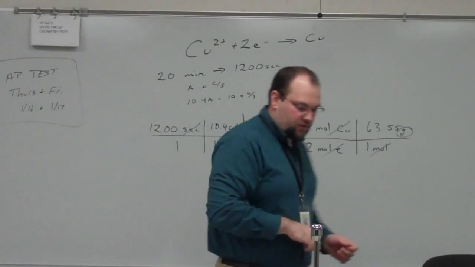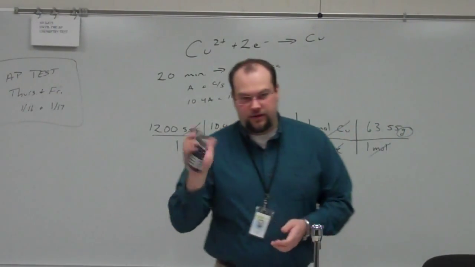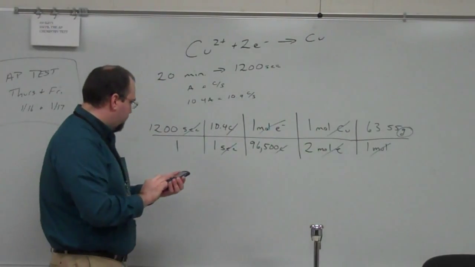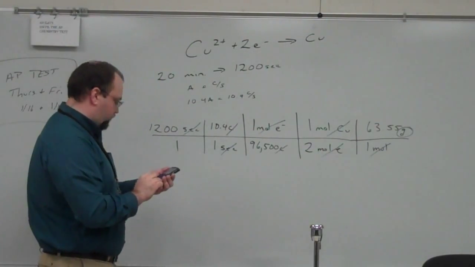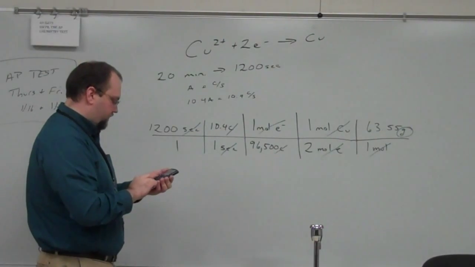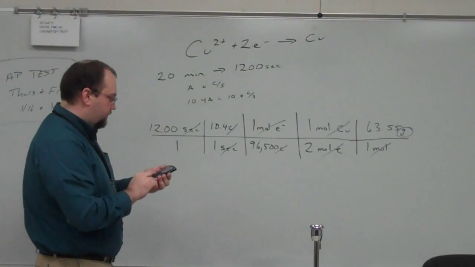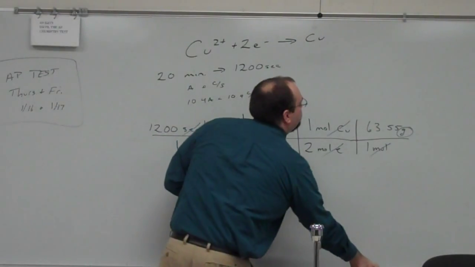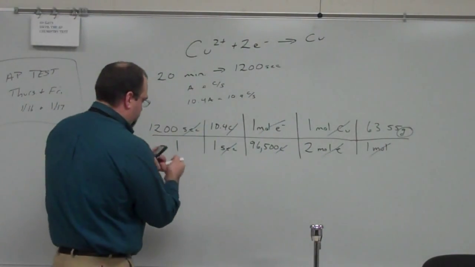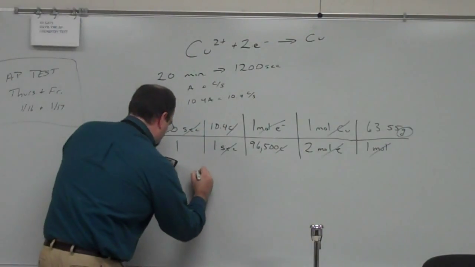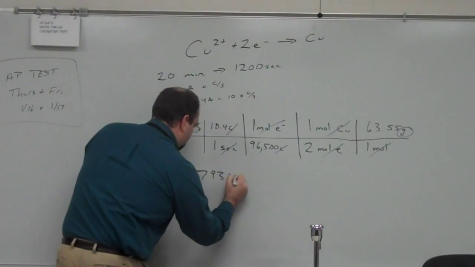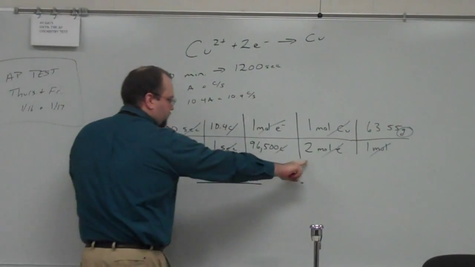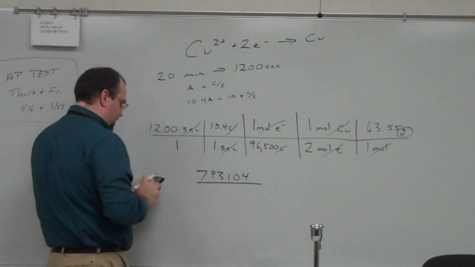Okay, so all we do is plug this into our trusty calculator. I forgot to do this ahead of time, so I will take a second now. So 1200 times 10.4 times 63.55 equals 793,104, divided by 2 times 96,500.